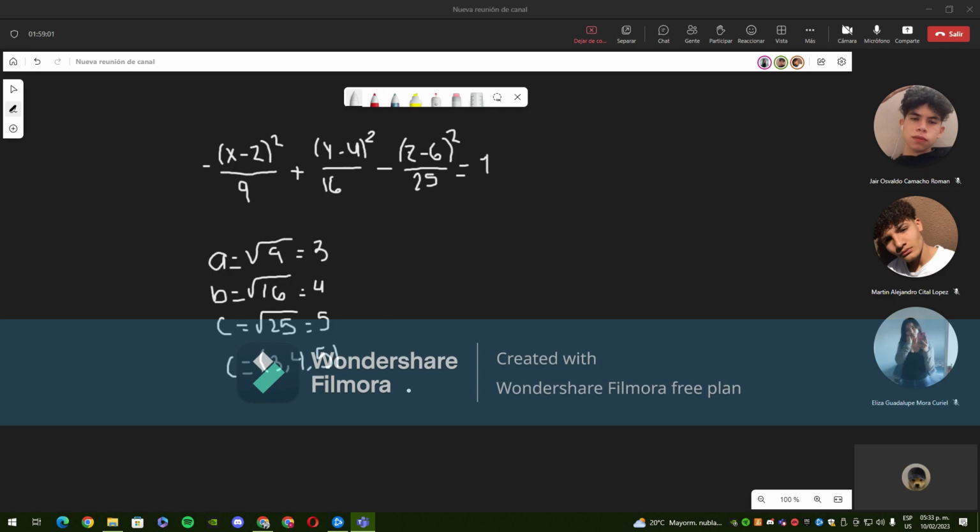Then the second step is to calculate the intersections in the axes x, y, and z. The formula is to eliminate one axis.